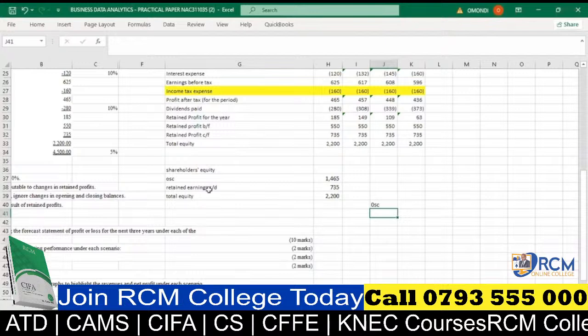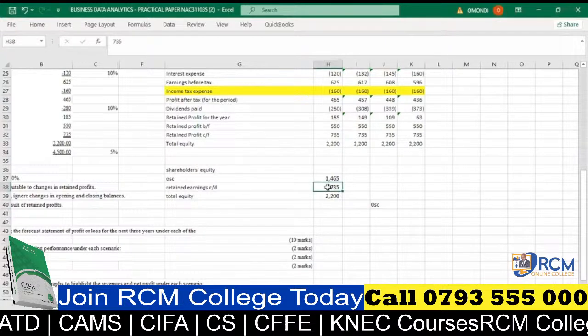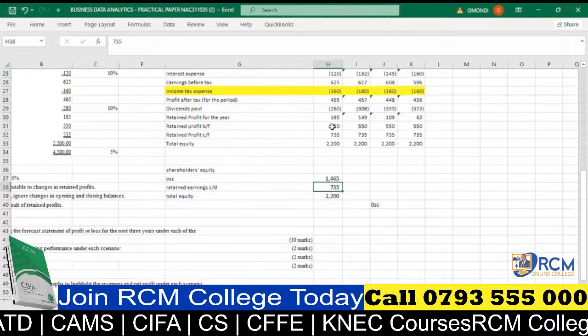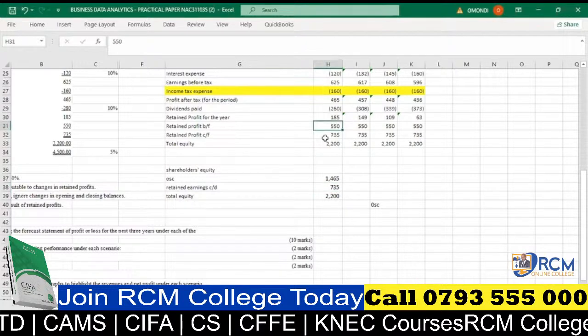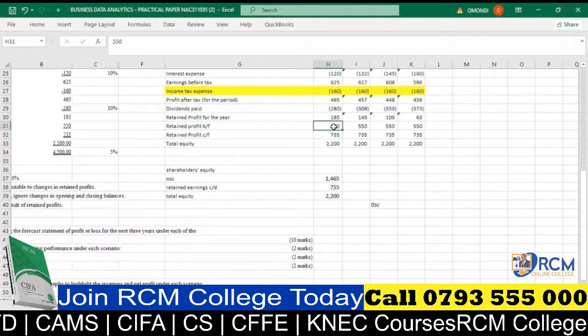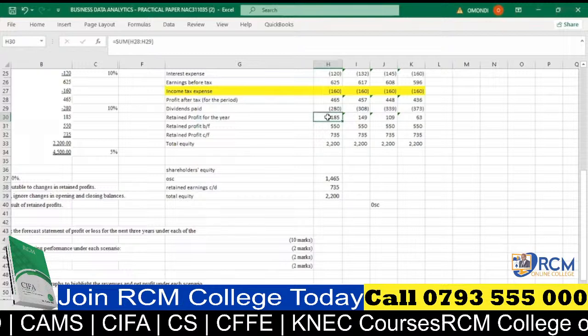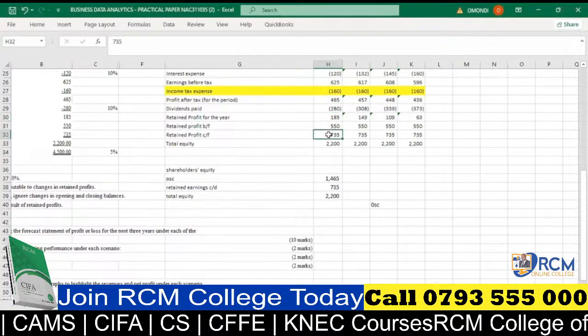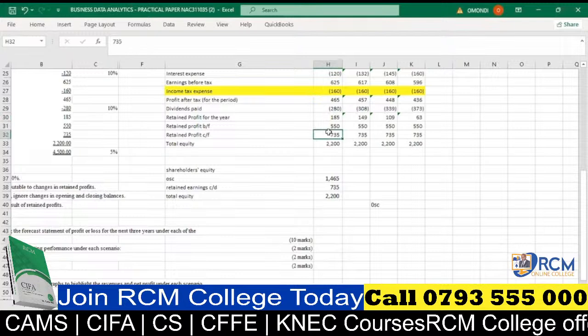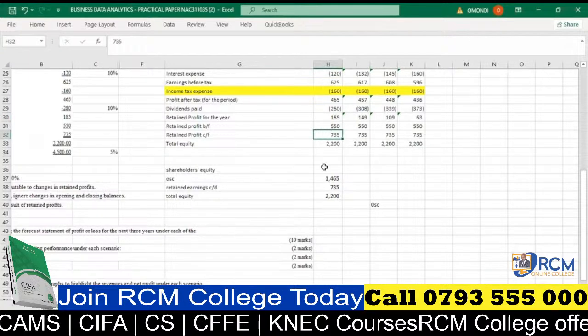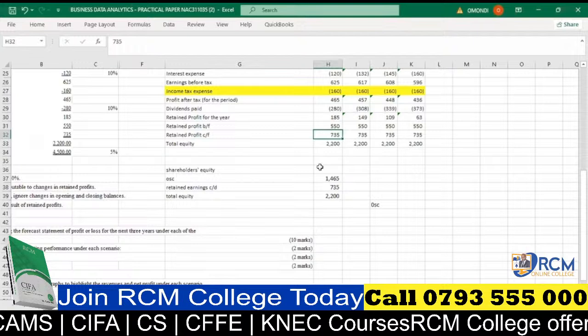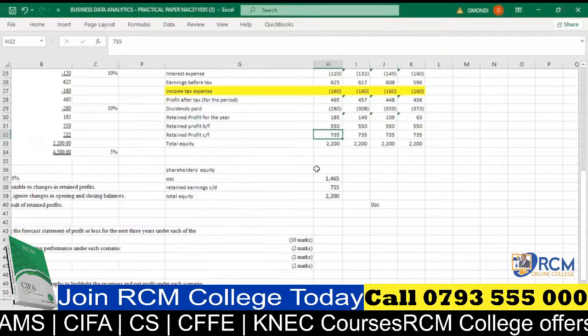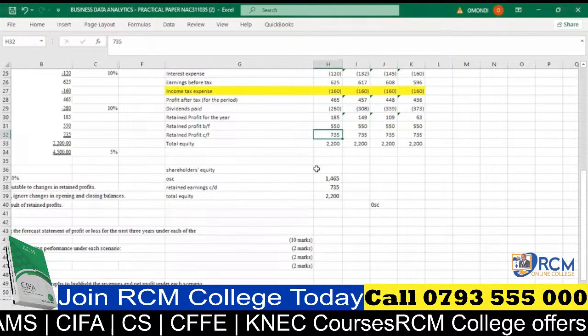Our retained earnings carried down, we have said, is the retained earnings brought down 550 plus retained profit for the year 185 will give us 735. This 735 is what we take to the statement of financial position.